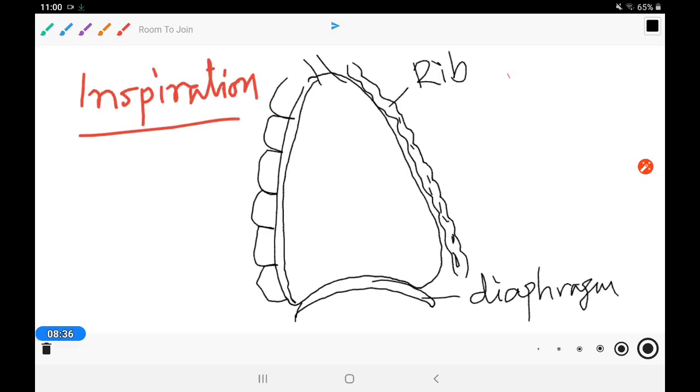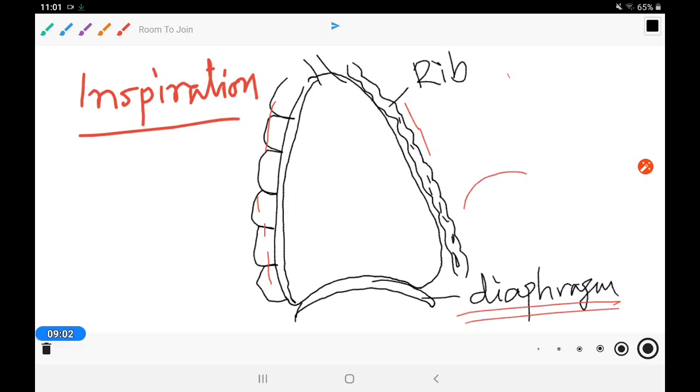Now let's see what happens during inspiration. Here's a side view of our lungs. You can see the lung cavity, the ribs, the backbone at the back, and the diaphragm. Look at the normal position, the normal structure of the diaphragm. During inspiration the diaphragm activity will start.